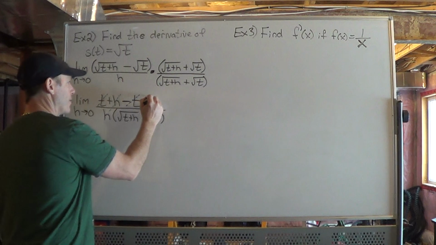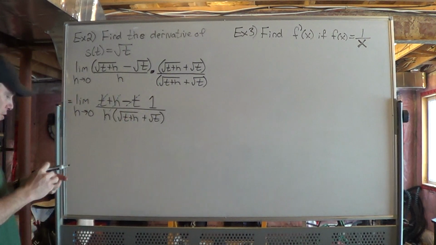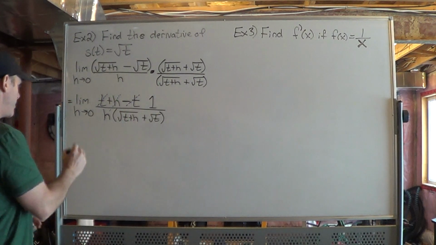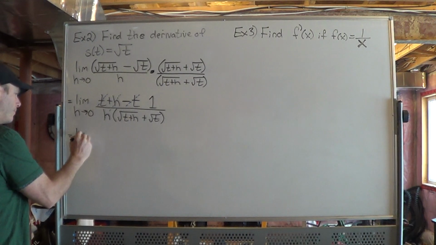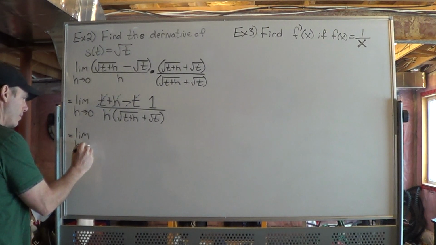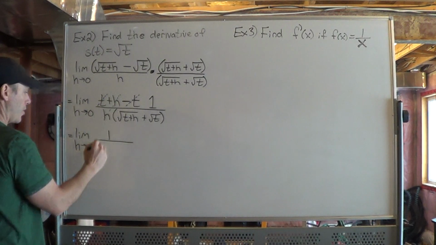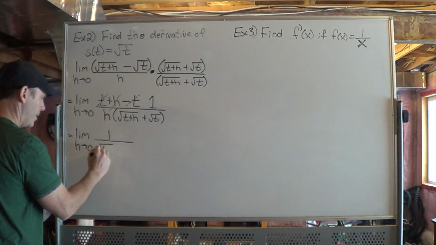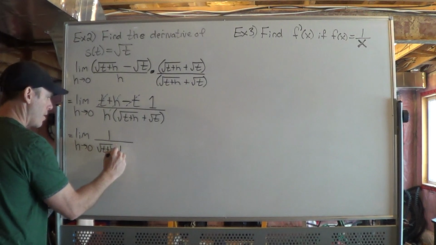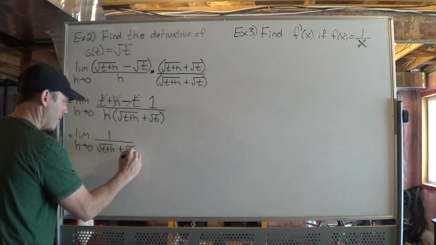So now all I have is 1 in my numerator. All right, so now I've got the limit as h approaches 0 of 1 over, that h is gone, so then I've got the square root of t plus h plus the square root of t.